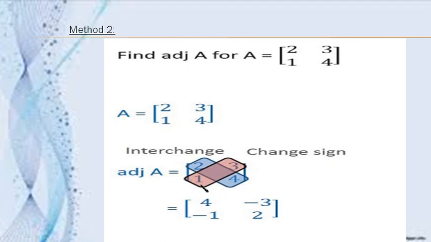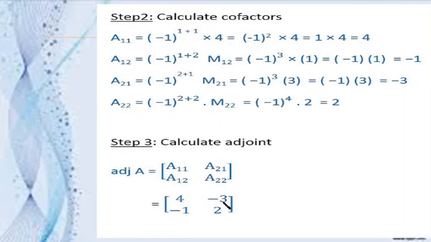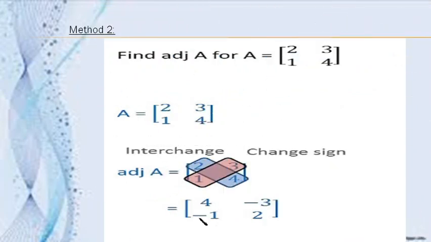This is applicable only for a 2 by 2 matrix. So 2 and 4 we replace with their positions swapped, 4 and 2, and with 3 and 1 we change their signs, minus 3 and minus 1. Now if you look at this matrix, 4, minus 3, minus 1 and 2, and with the first method also we got 4, minus 3, minus 1 and 2, which is a very simple and easy method.